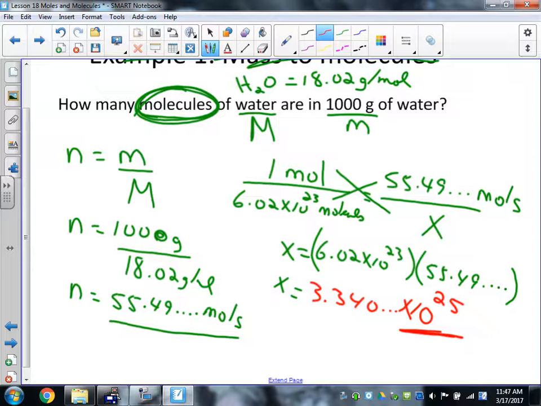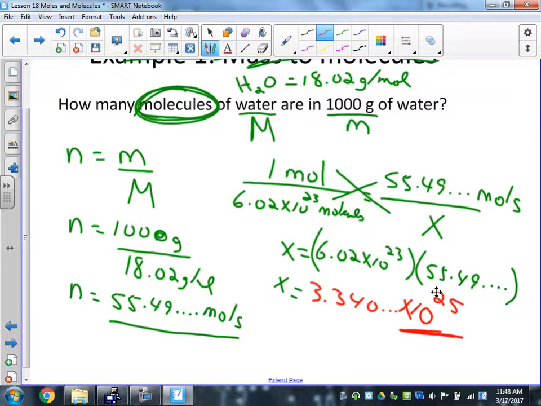Because sometimes I get this answer, 3.34, right? Wow, 3.34, that's good, but you forgot the times 10 to the 25 part, right? Which is a little different, you know what I'm saying? It's like 23 zeros different kind of thing. It's a big difference, yes? So when you take a really big number and you times it by a number, you should get a really big number, yes? It shouldn't be 3.34. So don't forget that part.